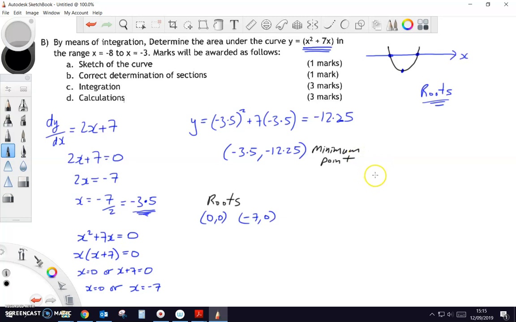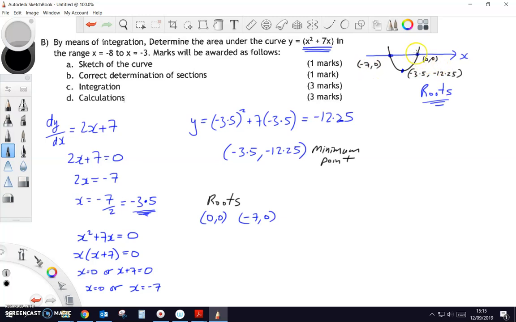Okay, so sketch the graph. Well, that point there, that's 0, 0. Not a pretty sketch, but this point here is minus 3.5, minus 12.25. And this one here is minus 7, 0.